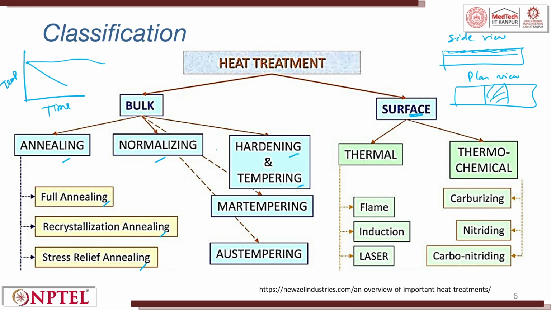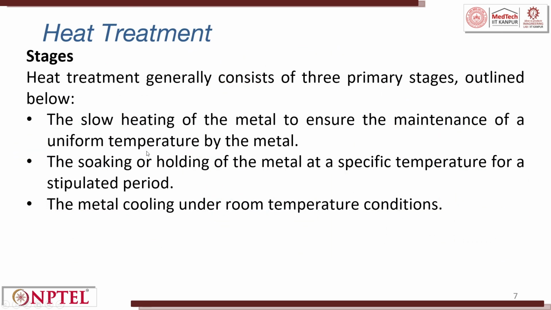The fundamental is this: heat treatment has multiple stages. Let us understand these stages. Heat treatment generally consists of three primary stages: slow heating of the metal to ensure the maintenance of uniform temperature by the metal.